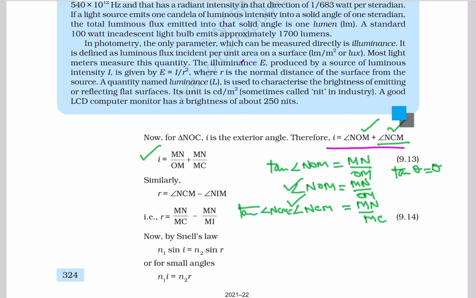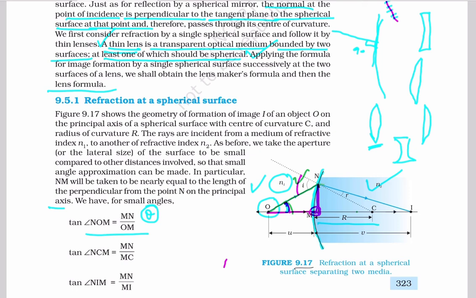Similarly, we can write for the angle of refraction R, that it will be given by angle NCM minus angle NIM. This is the exterior angle for this triangle, and therefore angle NCM is equal to angle R plus angle NIM.